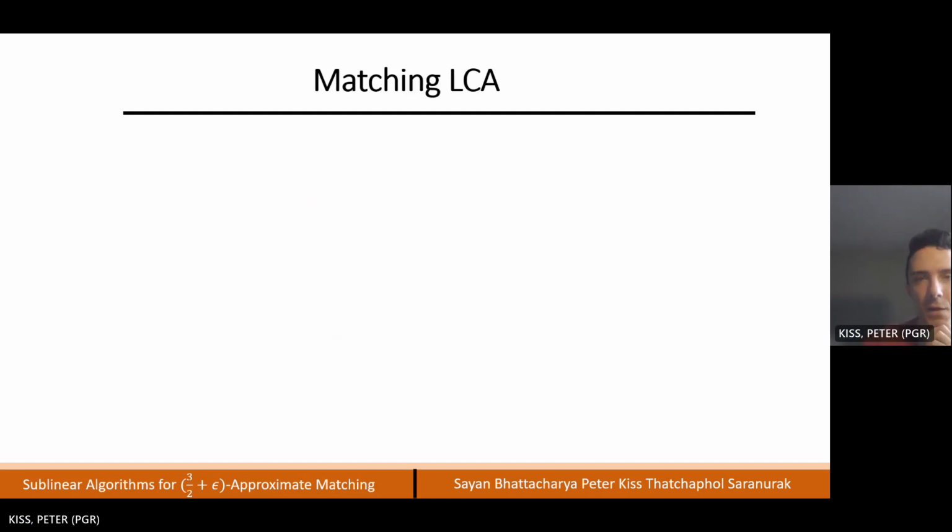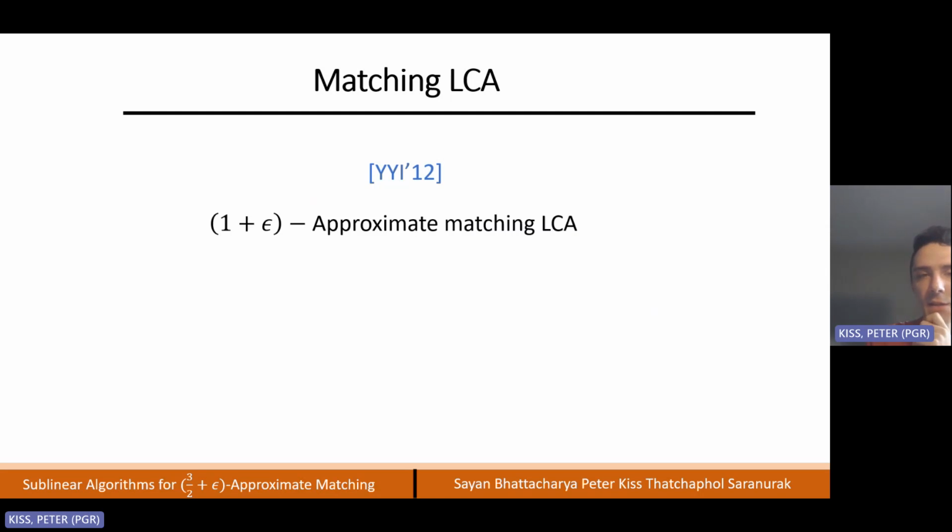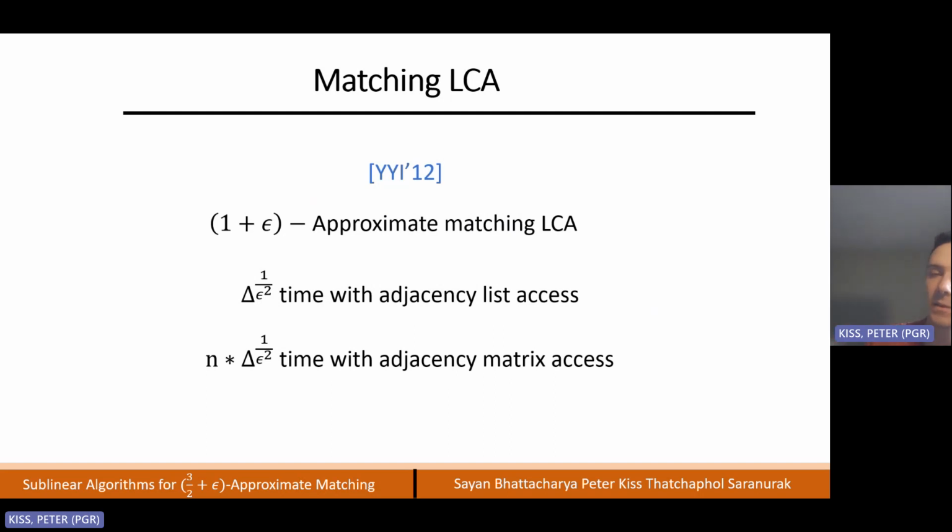So which matching LCA will we be using? We'll be using a beautiful result from 2012, Yoshida, Yamamoto, and, sorry, I don't recall the third person, apologies. It's a wonderful paper which shows that one can get a 1+ε approximate matching LCA in delta to the 1 over epsilon squared time with adjacency list queries, and n times delta to the 1 over epsilon squared time with adjacency matrix access.